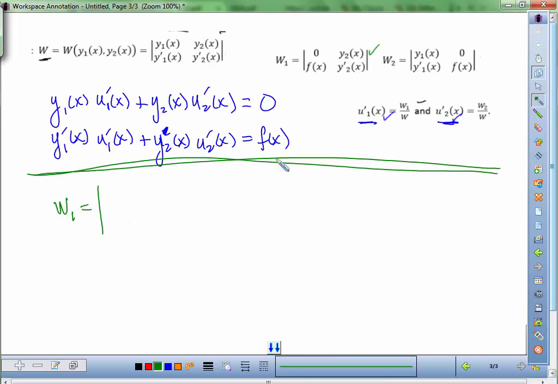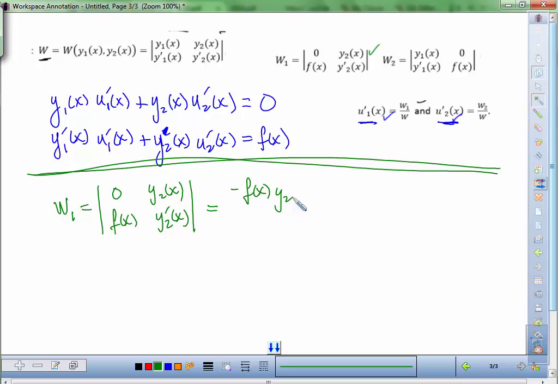And it's always going to be the same. If this is our general formula, we always have a 0 and f of x for the first column, and a y2 and a y2 prime. So this looks like it's going to be negative f of x, y2 of x all the time, right?